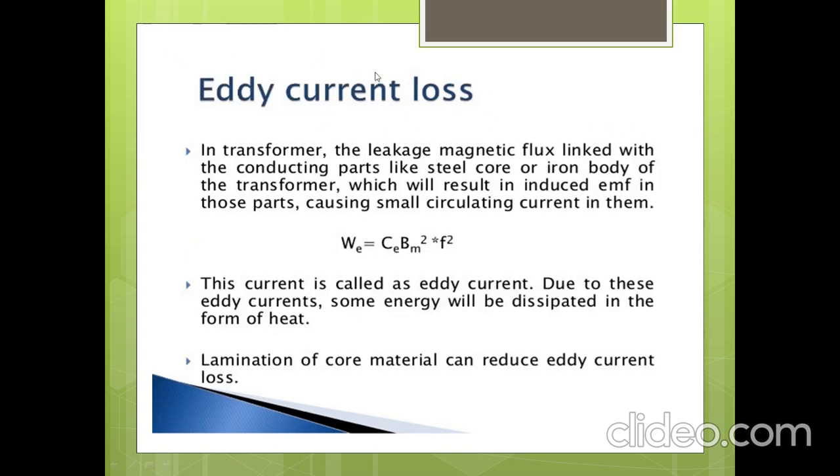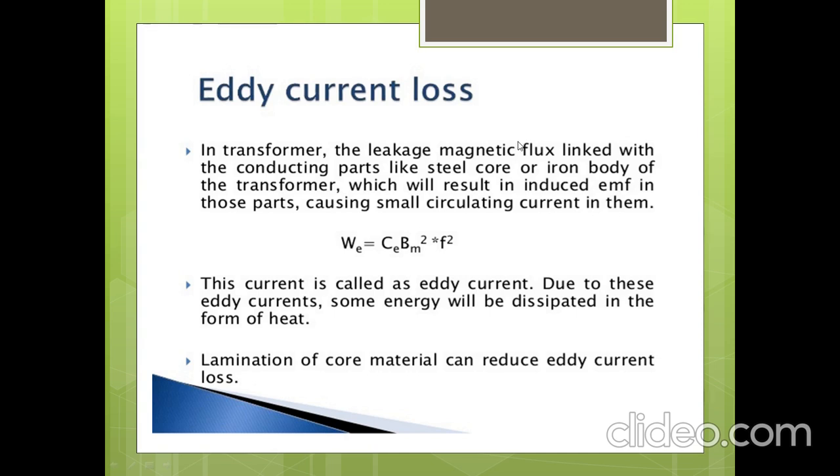Now we will see eddy current loss. In a transformer, the leakage magnetic flux linked with the conducting parts like the steel core or iron body of the transformer results in induced EMF in those parts, causing small circulating currents in them. W_e equals C_e B_m square into f square.